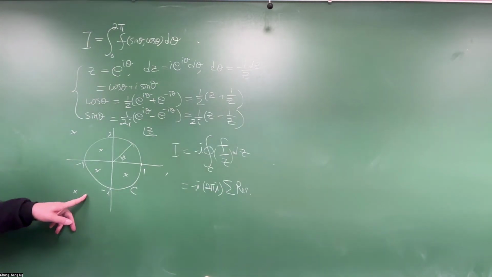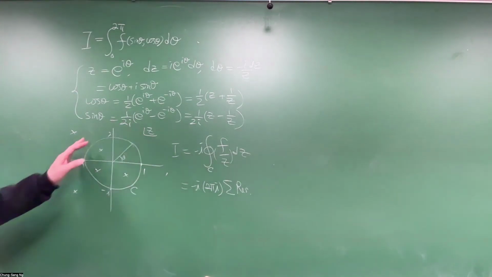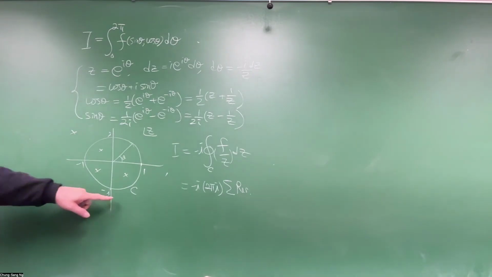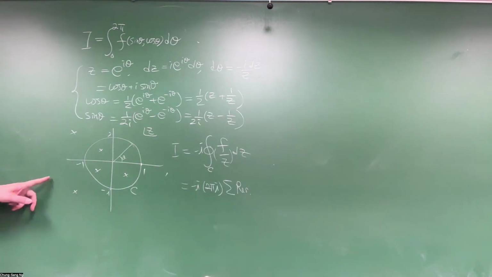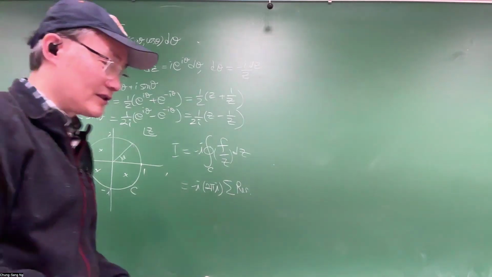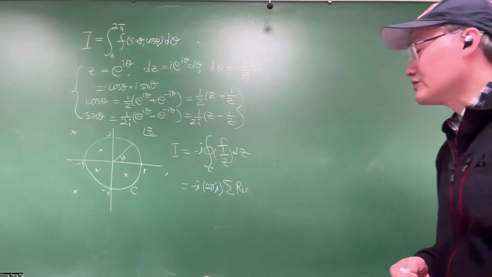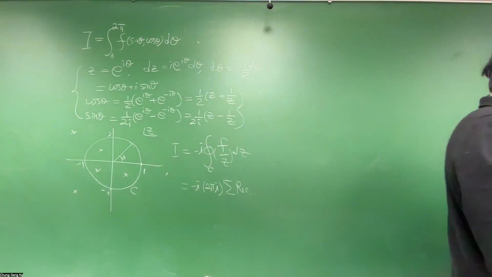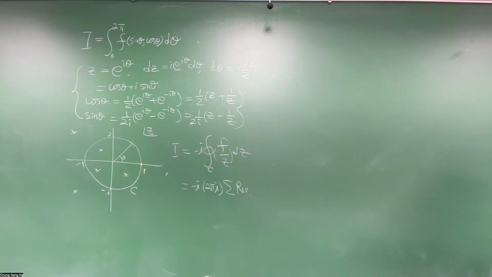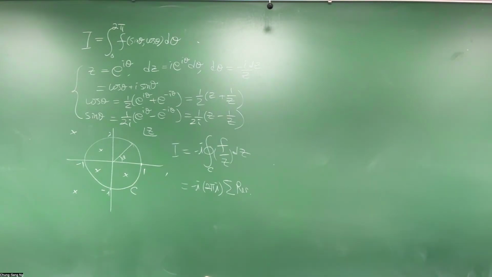Even this step you don't need to memorize. Just know the idea is to change it to a loop integral over a unit circle, and the rest is just analyzing the function f over z, seeing what the singularities are, and then evaluating all the residues.